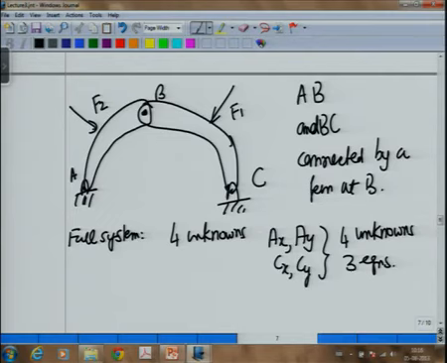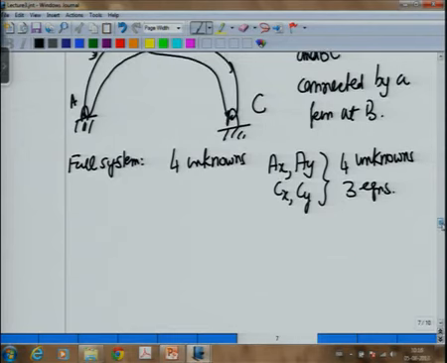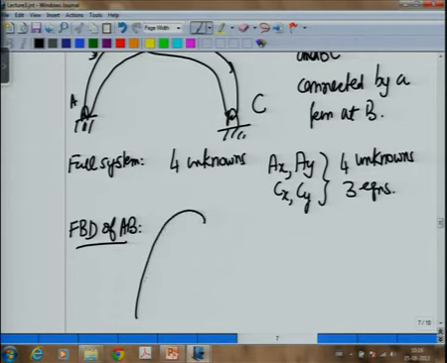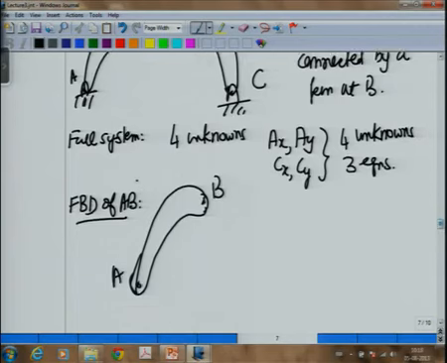That what is happening here is that in this actually we have 2 subsystems together. Let us look at the free body diagram of AB alone. Free body diagram of AB, this is A, this is B. So, then on the free body diagram of AB I will get F2, I will get Ax, Ay.